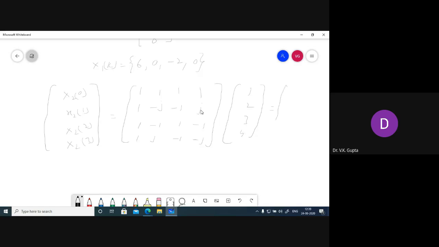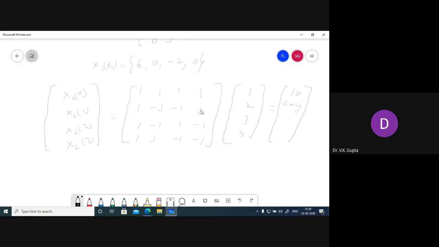What is the value of this? What will be X2(0)? 10. What will be X2(1)? 1 minus 2j minus 3 plus 4j, this is minus 2 plus 2j.